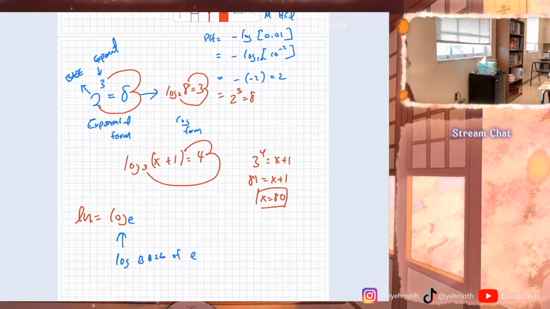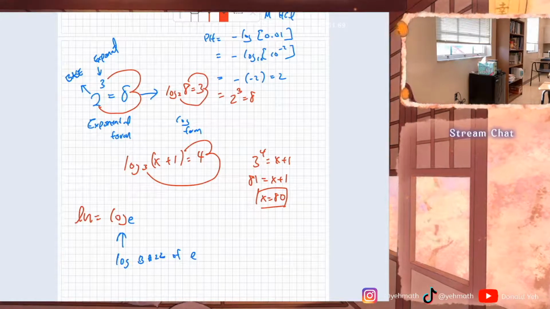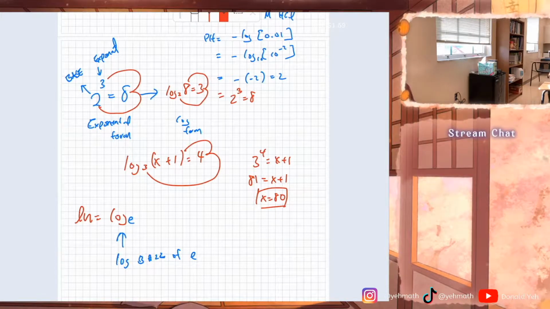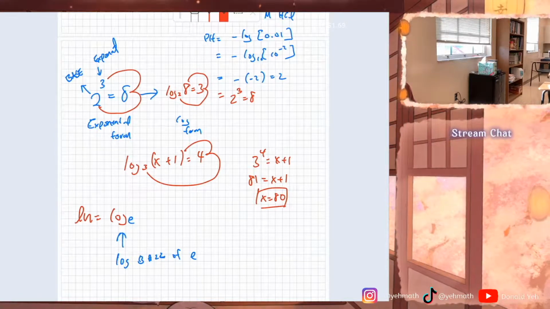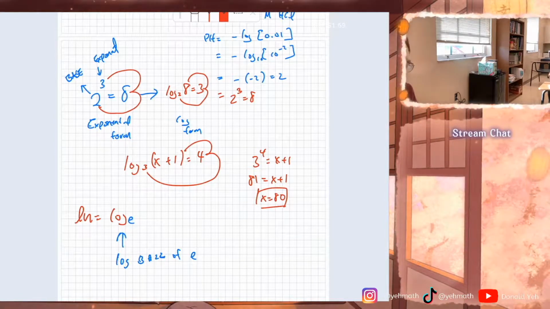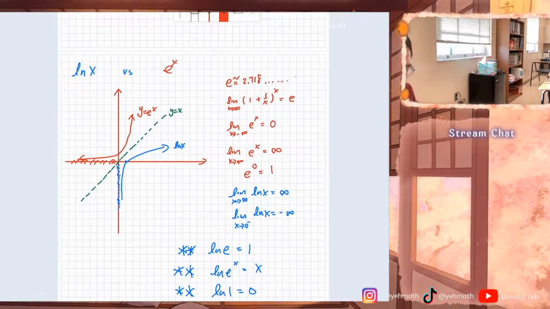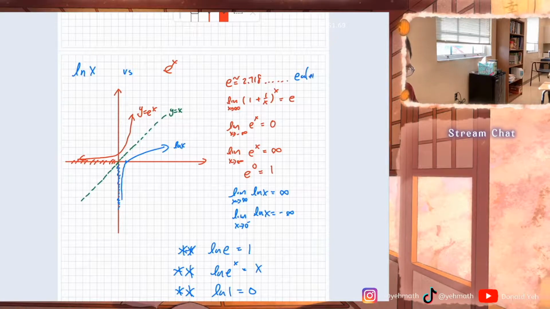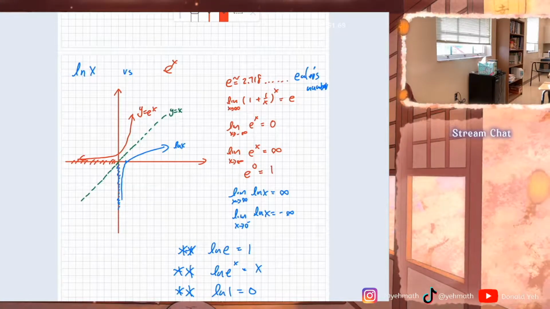If log base e is equal to natural log, sometimes they ask, what's natural log? It's log base e. e is 2.718, a special number. It's called Euler's number. For those of you who don't know, I'll write it down: Euler's number. A very, very important number in the world.